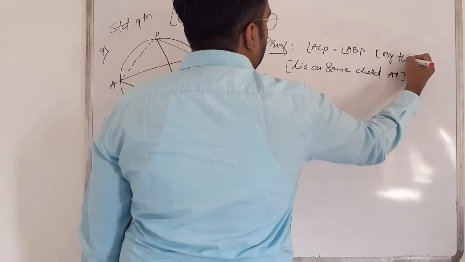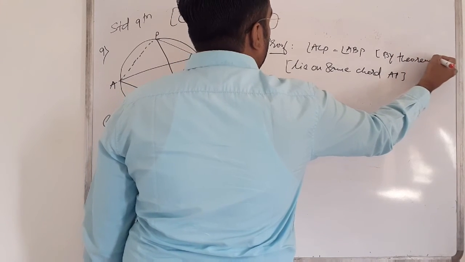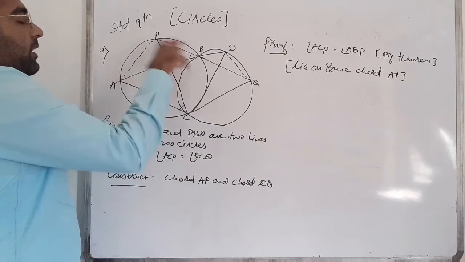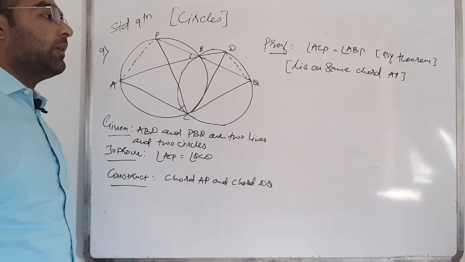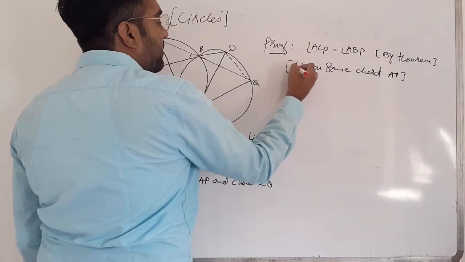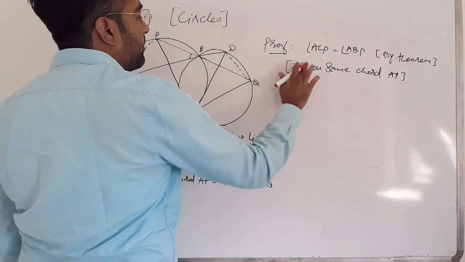By theorem we have to write that ACP and ABP, both of the angles are equal and both of them lie on the same chord AP.